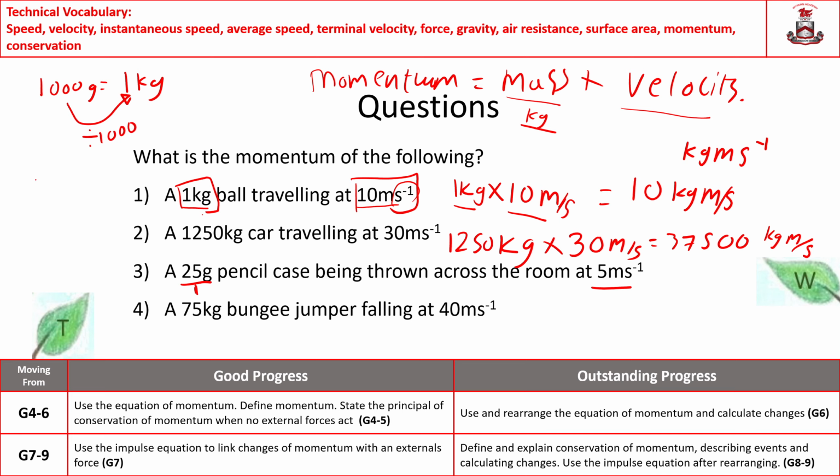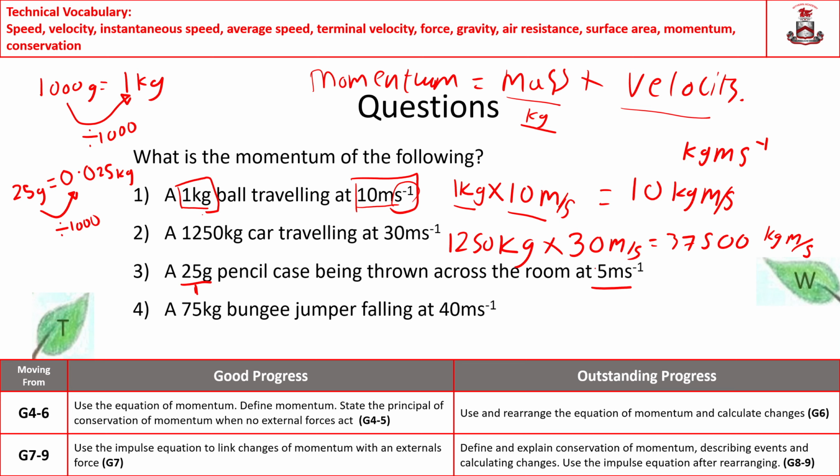So the same goes for if I have 25 grams and I want to turn it into kilograms, I have to divide by 1,000. So I get 0.025 kilograms.